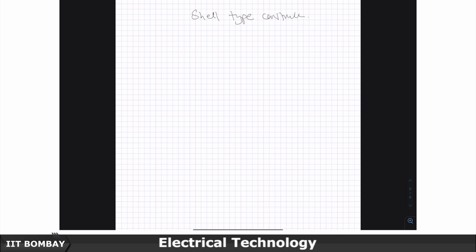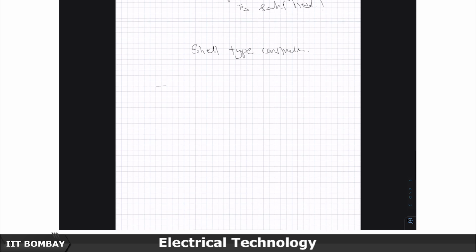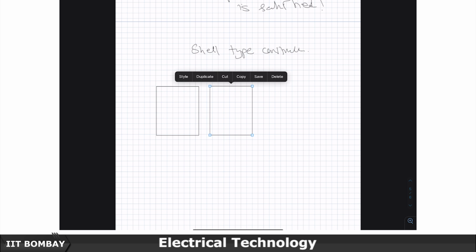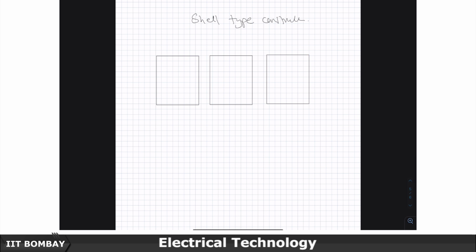construction. In the shell type construction, I should make it a bit smaller.